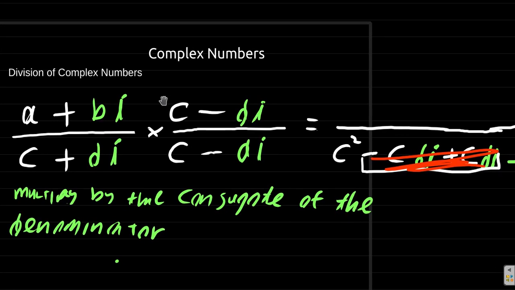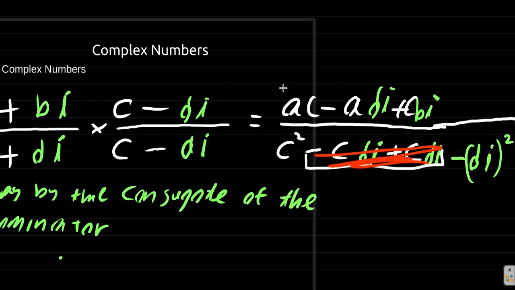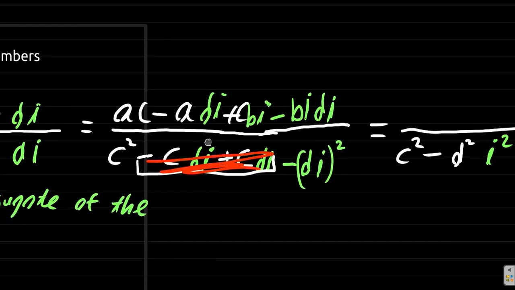So what you're going to do is multiply out A times C. You have AC, minus A times DI, so you have minus ADI, then BI times C, that is plus CBI, then BI times negative DI, so you have minus BI DI. So that is what is happening up here.